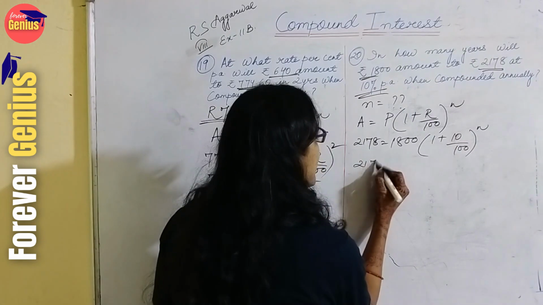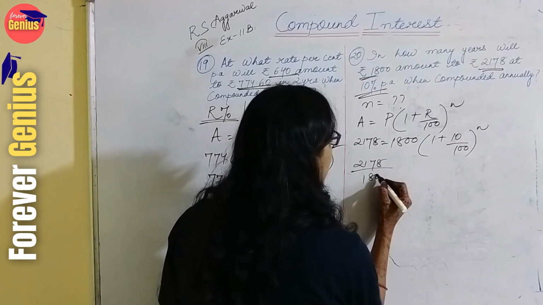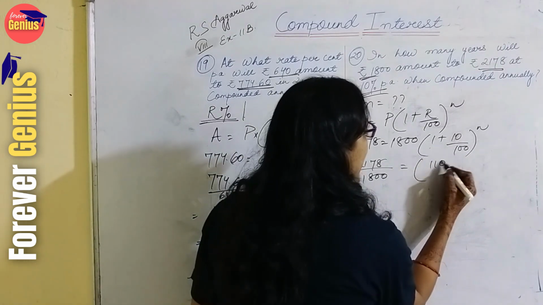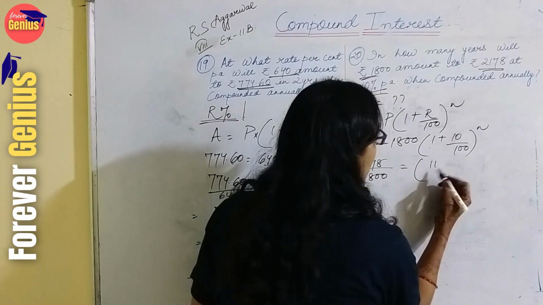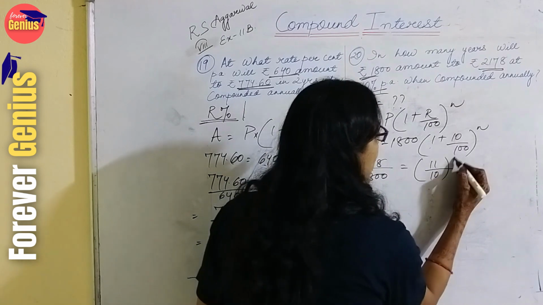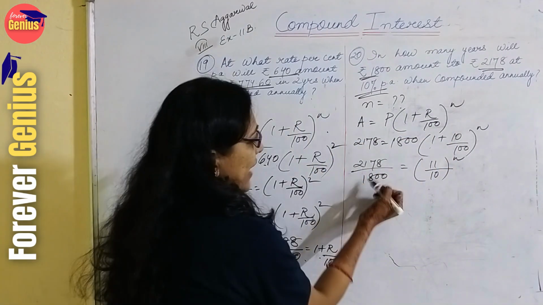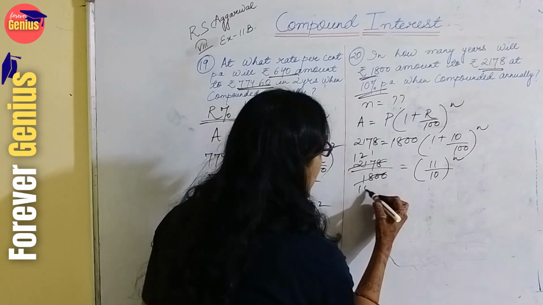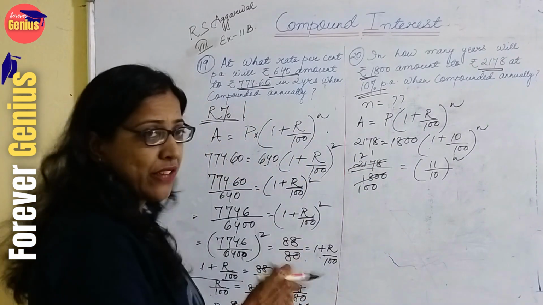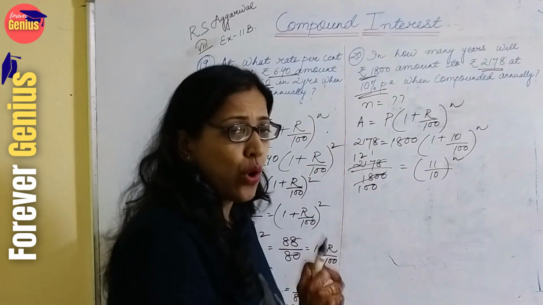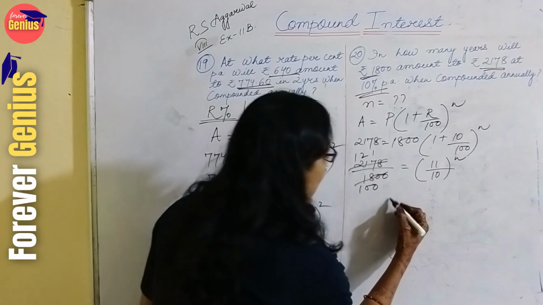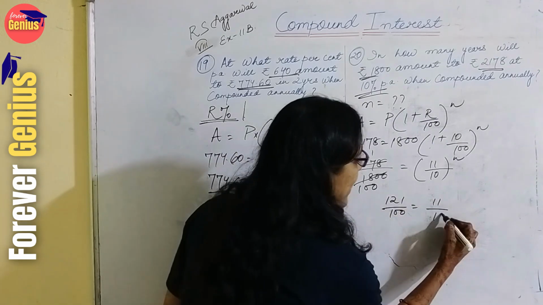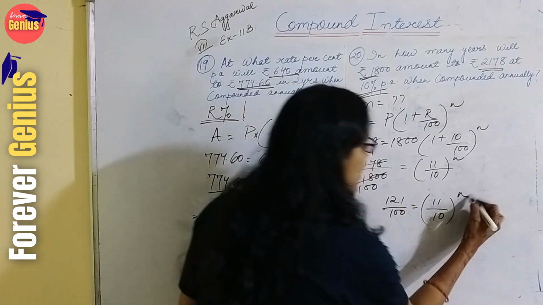So 2178 by 1800 is equal to (110 by 100, or just 11 by 10) to the power n. If I cancel and find out, here also I am getting 121 by 100. If I reduce it to the lowest factor, 121 by 100 is equal to (11 by 10) to the power n.